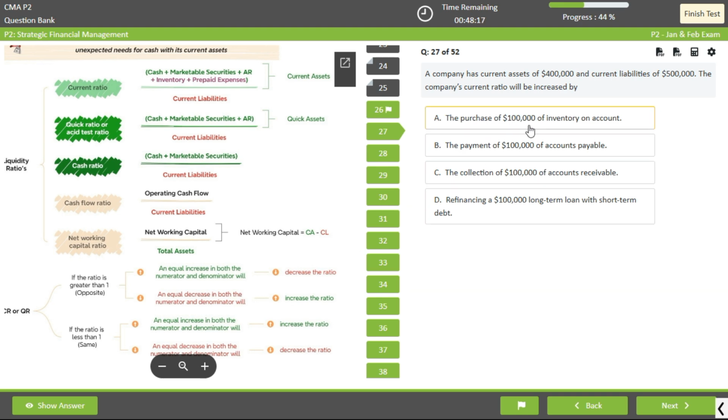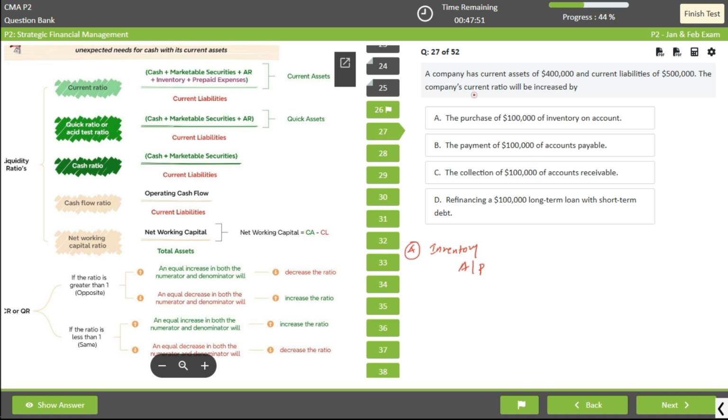Option A, purchase of 100,000 of inventory on account. What is the journal entry? You are going to debit your inventory and credit accounts payable.